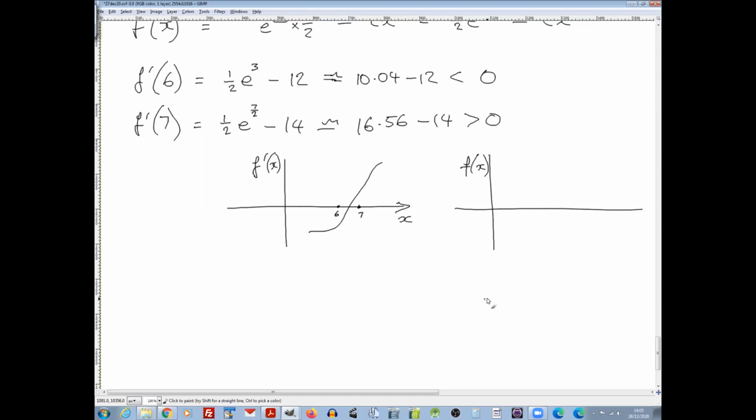Since the gradient's going from negative to positive, it must be a minimum. That's right. And because it's going through the x-axis, the way it's going up like that, that means it's negative as well, and a minimum even.